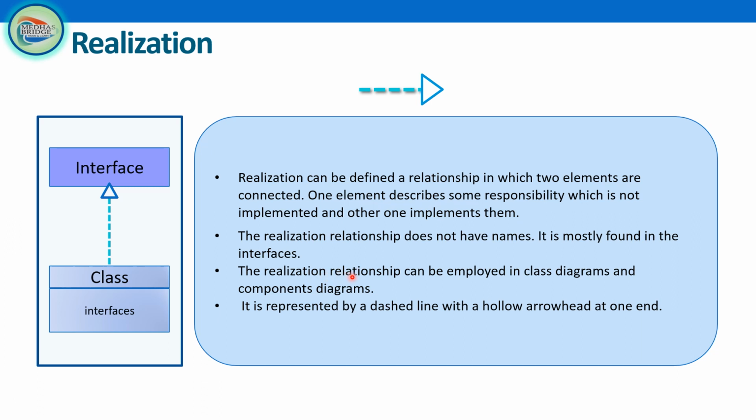The realization relationship can be employed in class diagrams and component diagrams. It is represented by a dashed line with a hollow arrow at one end that points from a client to a server, like a class to an interface.